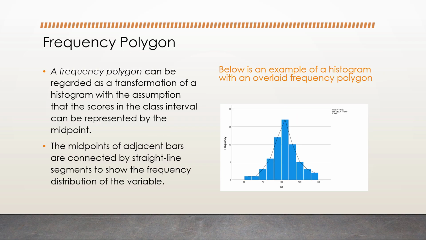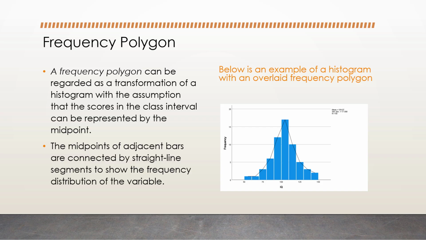A frequency polygon can be regarded as a transformation of a histogram. Starting with the histogram of IQ scores, if we mark the midpoint of each interval at the top of its bar, and then connect these midpoints with straight lines, we obtain a frequency polygon.